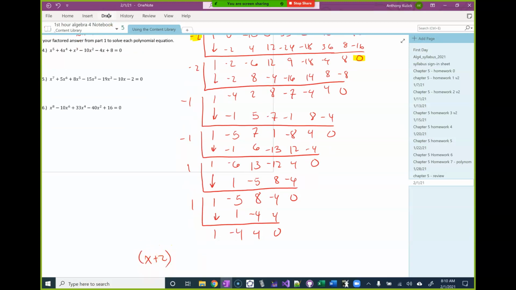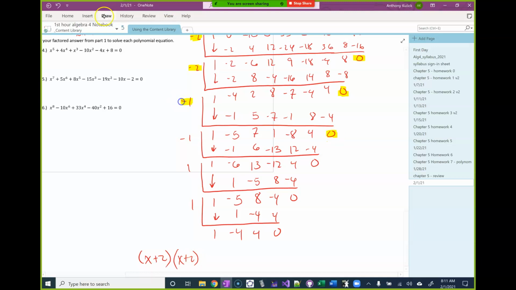I have -1 that gives me a 0 remainder. That gives me a factor of x plus 1. And so on and so forth, right? Is everybody okay with how I've gotten those down there?